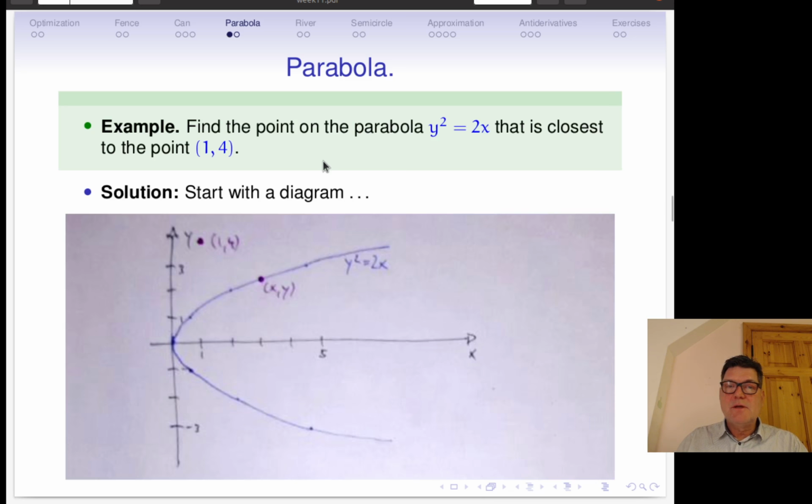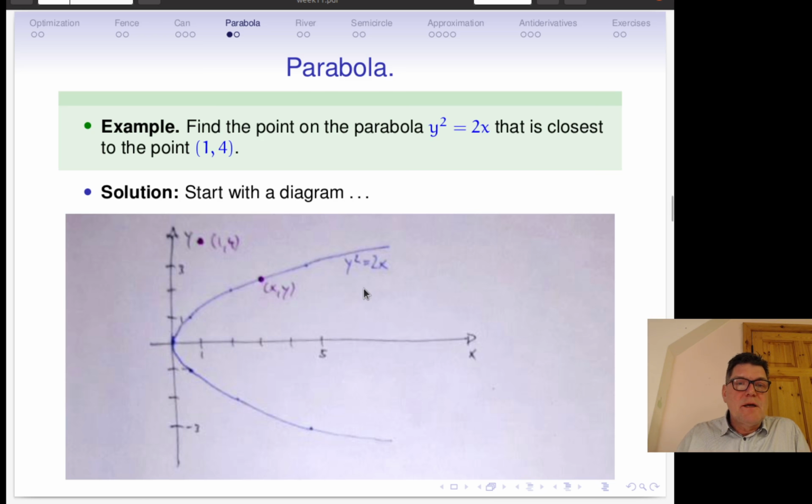Well, this is a sketch of a parabola which I drew following the graph sketching guidelines that we developed last week. Now on the parabola there's only one critical point, the extreme point here, and so I calculated a few points on the parabola which I then joined up.